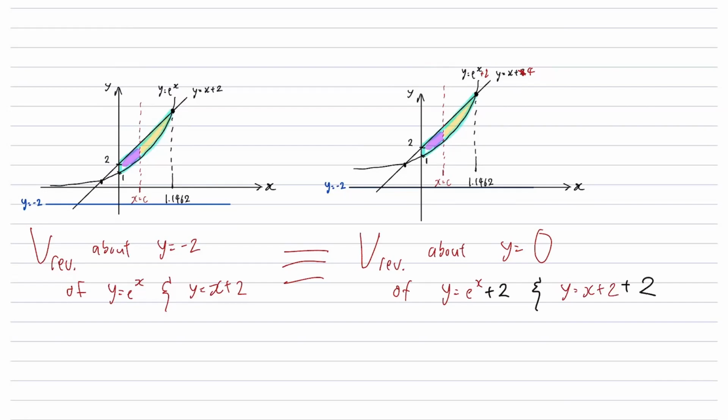All right, so that's what we're going to do now. We're going to find the volume of revolution of this about the x-axis. But take note that it's only within this blue color region. Okay, so let's do that.